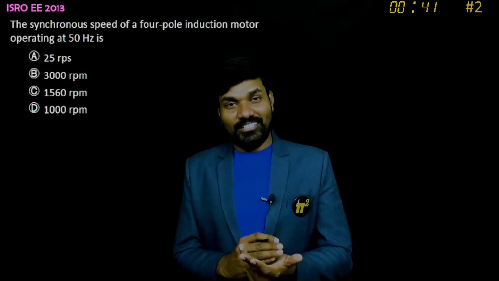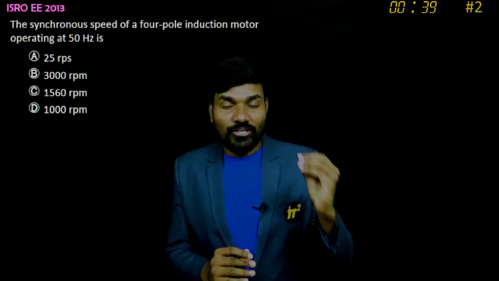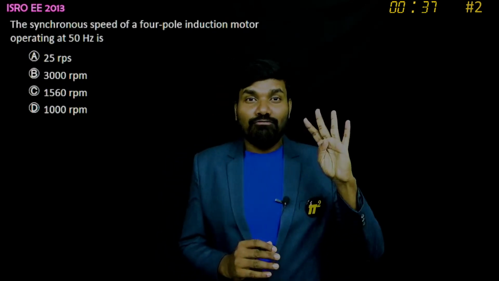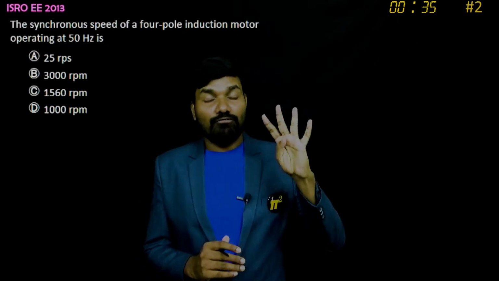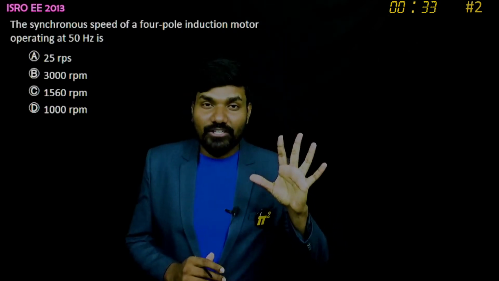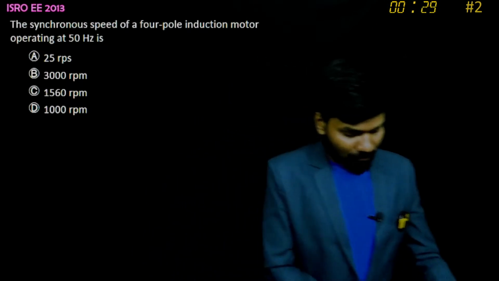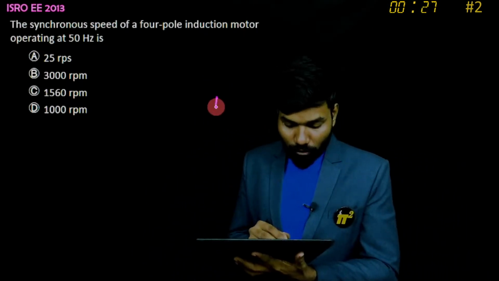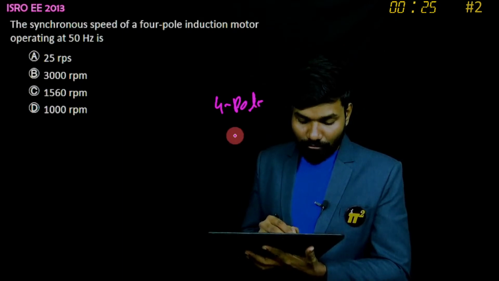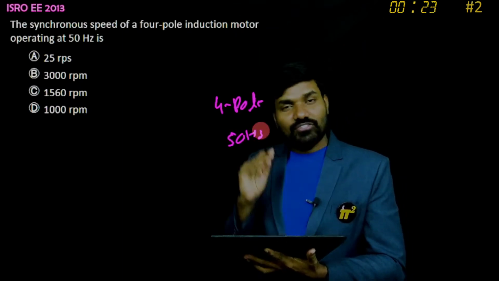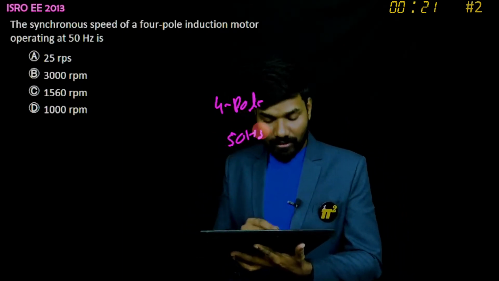For an electrical engineer, if someone asks you for a four-pole machine, 50 hertz frequency, what is the synchronous speed? Let me just write here. 4-pole machine, 50 hertz, synchronous speed is 1500.